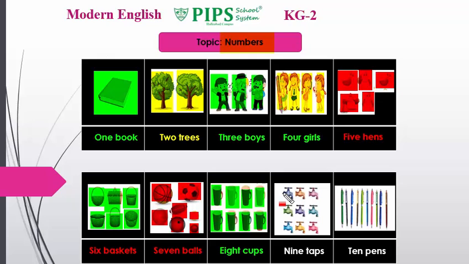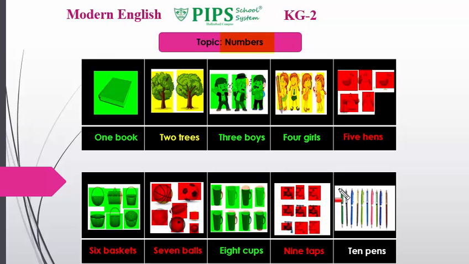How many taps are there? Count with me. 1, 2, 3, 4, 5, 6, 7, 8, 9. There are 9 taps. Last one is pens.